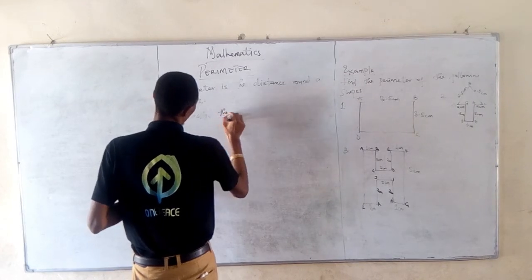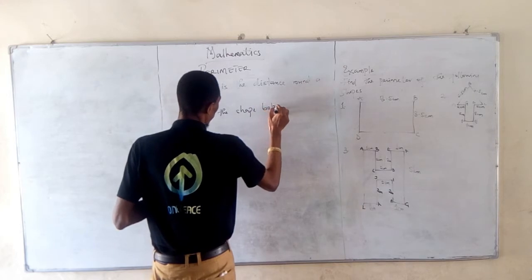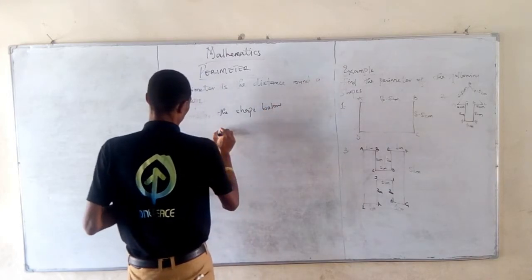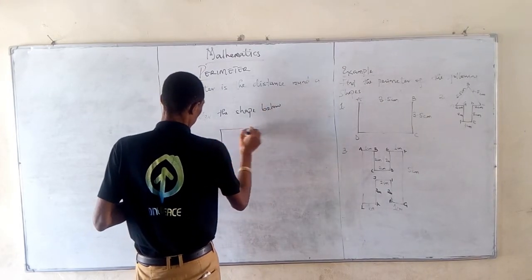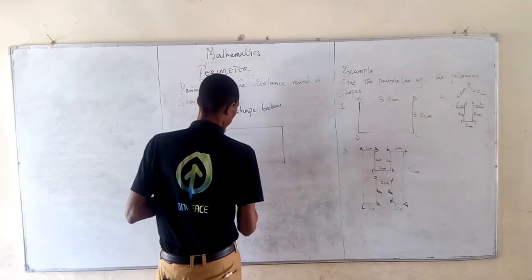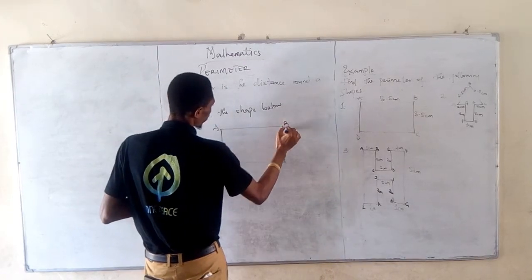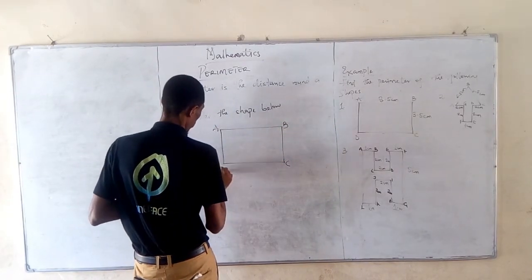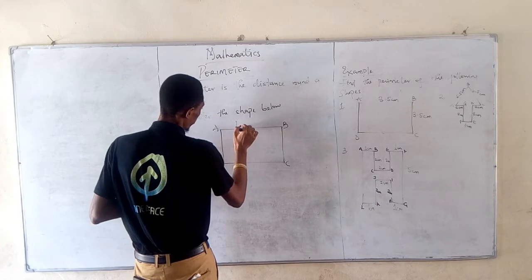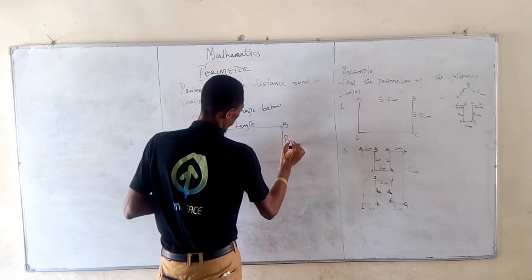Consider the shape below. Consider this shape. Here is A, B, C, D. And this place is the length, and this is the breadth.